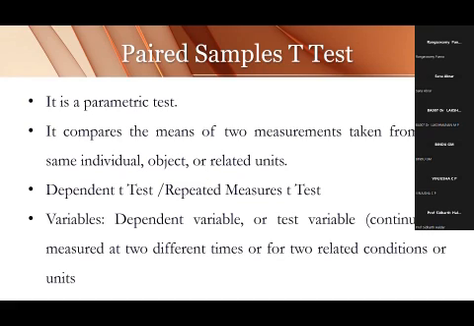So it depends on the context. One can conduct a pre-intervention, post-intervention test, meaning you collect data one time before the intervention, and again after giving the intervention. You try to see the difference between pre and post. So that can also be one kind of context for conducting a paired sample t-test.